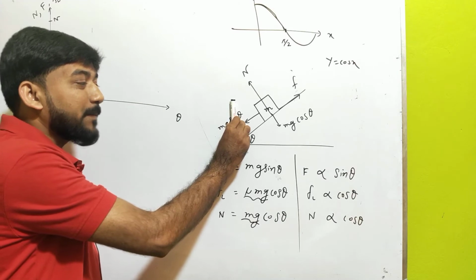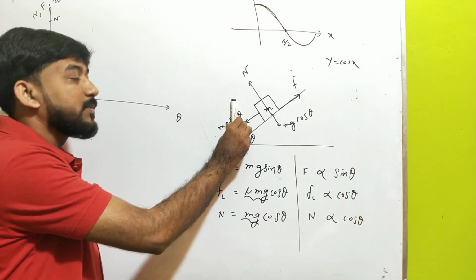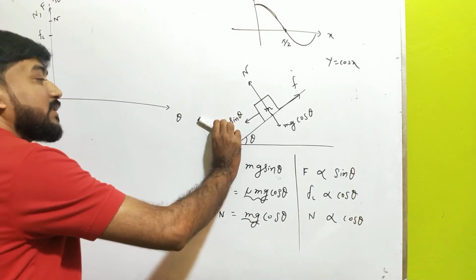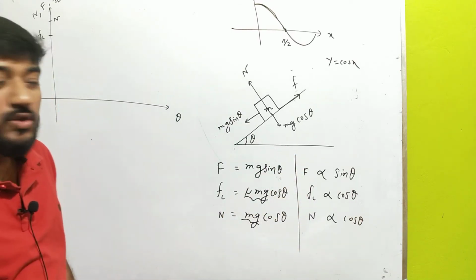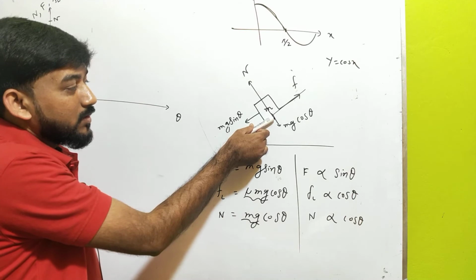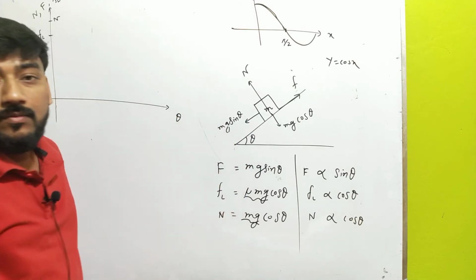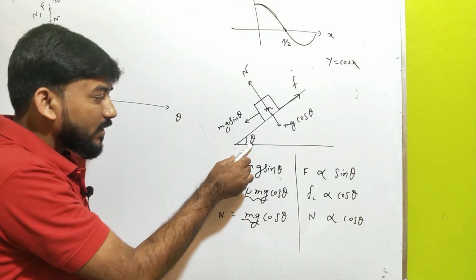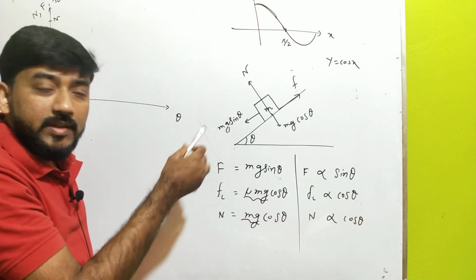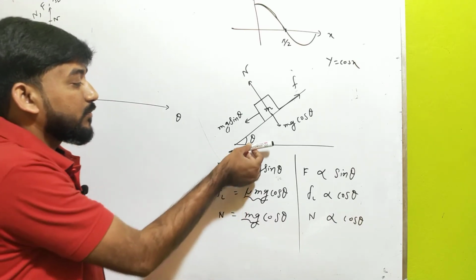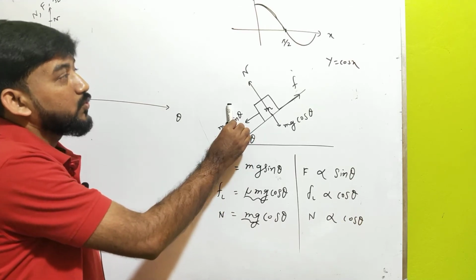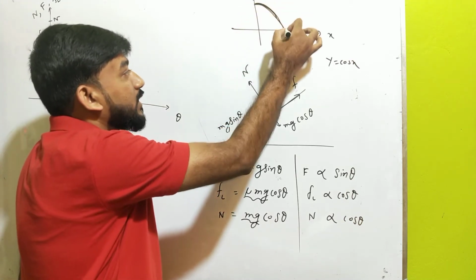If we incline the plane to the other side, then the whole thing will be converted along that side. So the relevant value that we need is theta varying from 0 to pi by 2, so we have to draw the graph from here to here.